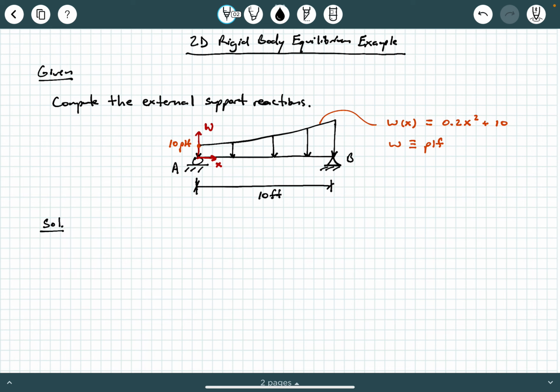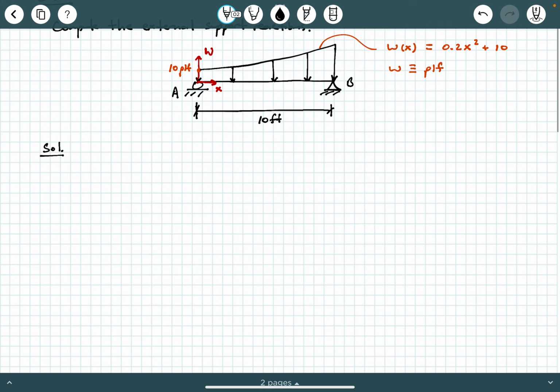We're going to start by drawing a free body diagram of the system, just like we always do. I've got the beam here, and we have this parabolic load distribution here.